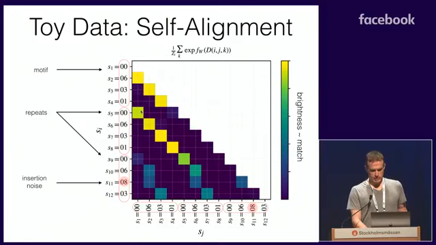So what that means is basically this bright line here means that it has detected that we're in the midst of a repeat of a motif. So it's focusing on what happens after this point in order to decide what's likely to come up next. And you can also see that when we get into the third repeat, it starts averaging over the two earlier repeats. We can also see that the dynamic program for alignment is successfully skipping over the insertion noise of the 8. You can see that by this vertical pattern here.